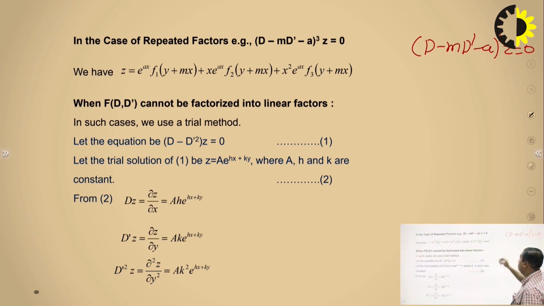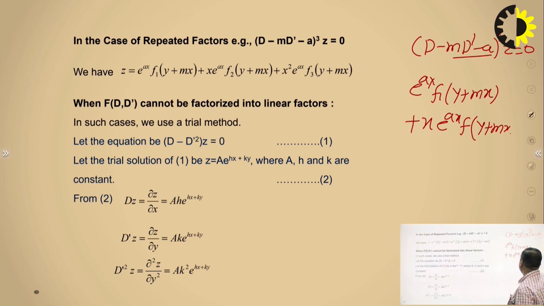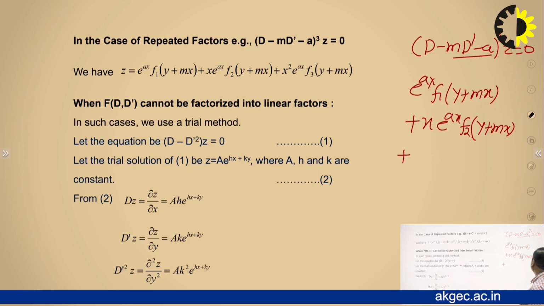Then we write e to the power ax f1(y plus mx), plus x e to the power ax f2(y plus mx), plus x square e to the power ax f3(y plus mx).